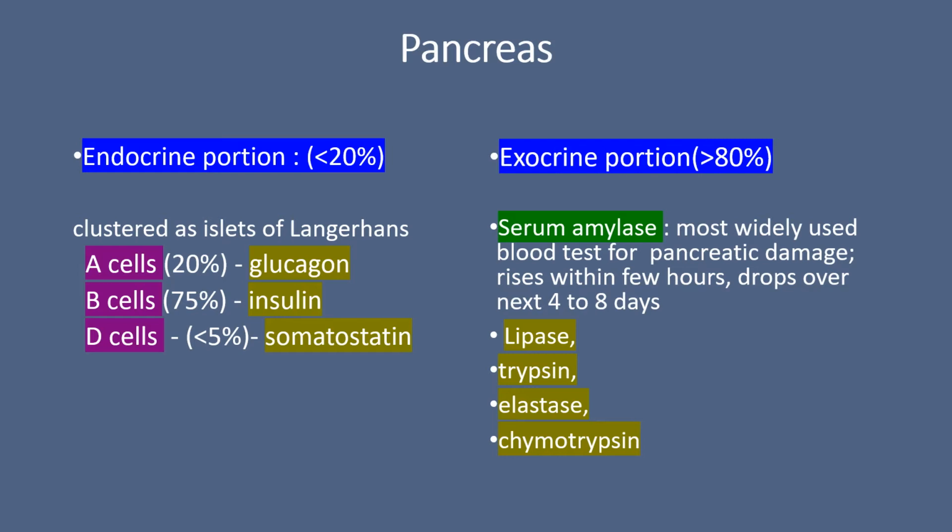The exocrine portion, which consists of more than 80% of the gland, produces amylase, which is most widely used as a blood test for pancreatic damage, lipase, trypsin, elastase, and chymotrypsin.